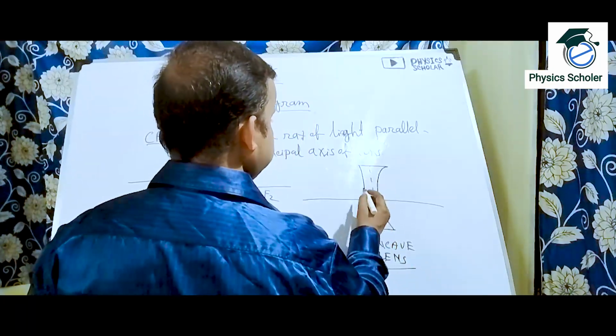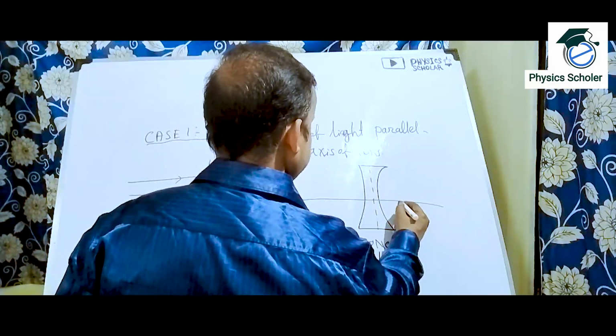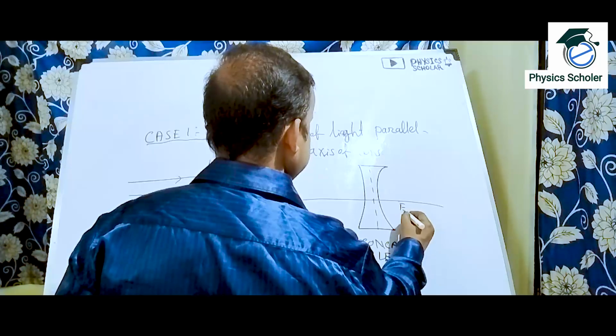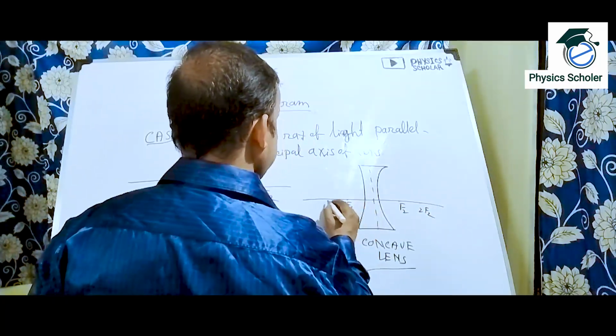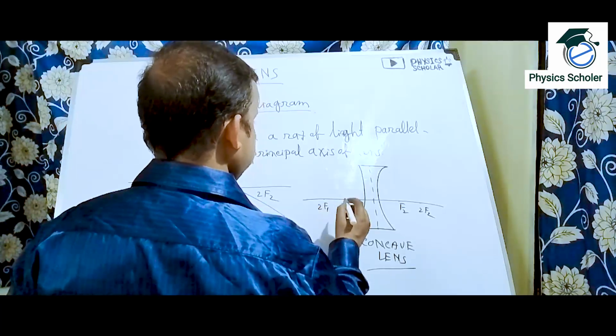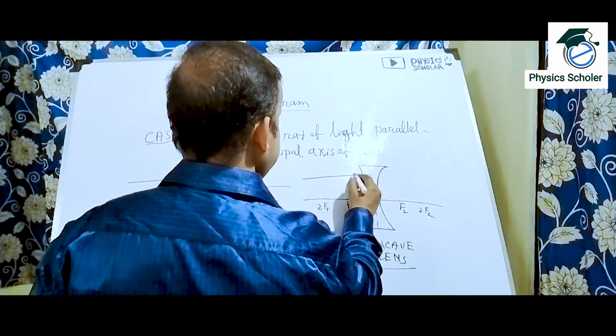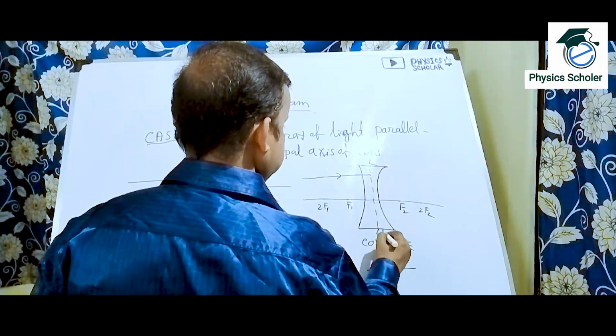For this lens, this is F2, 2F2, F1, 2F1. A ray parallel to the principal axis hits the optical center.